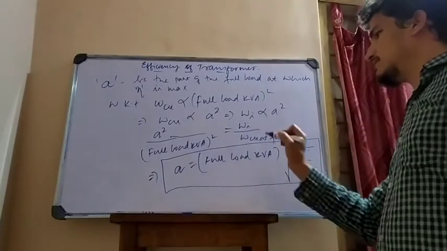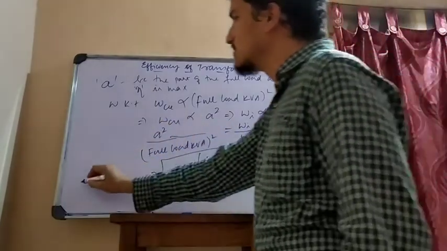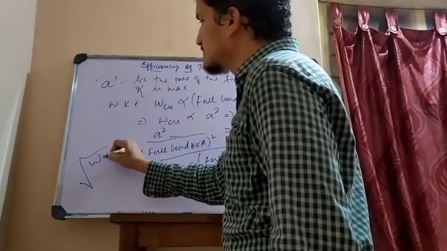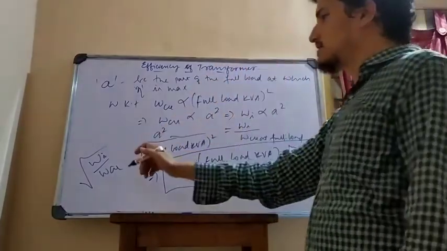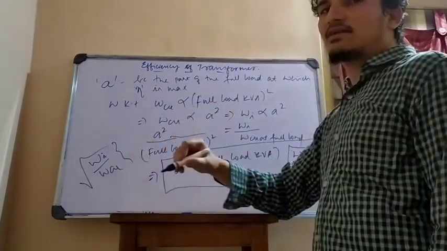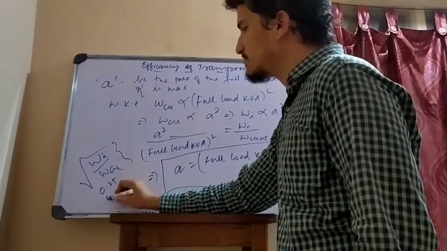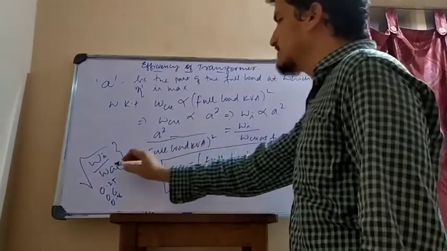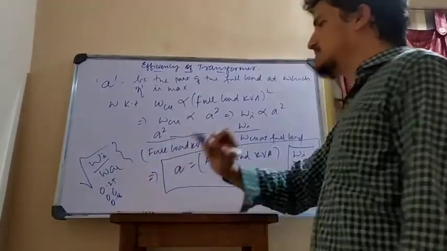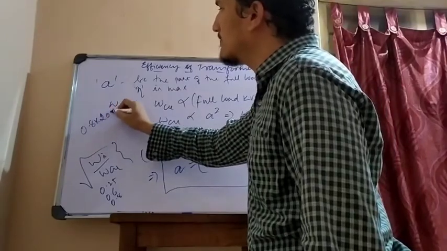This Wi divided by WCU is the factor. What factor is that? Whether it is 0.25 of the full load, 0.6 of the full load, or 0.8 of the full load. If this comes to 0.8, then what is A? 0.8 times the 20 kVA.